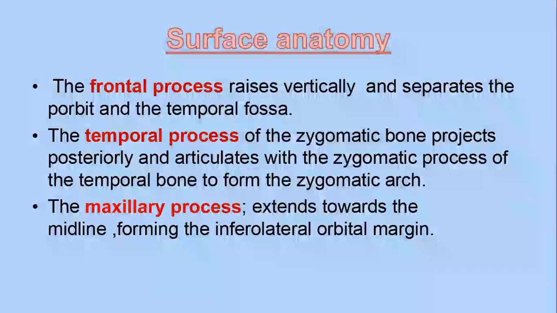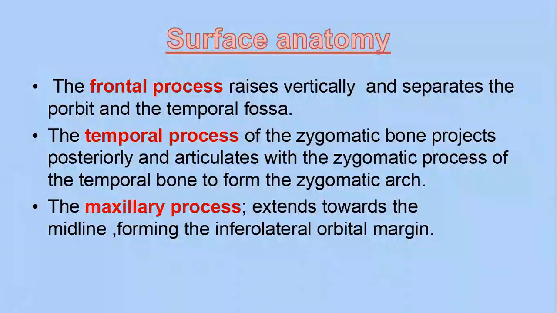The frontal process rises vertically and separates the orbit and the temporal fossa. There may be some little errors, but I'll be giving out notes that are much updated, so you'll never find these small errors.